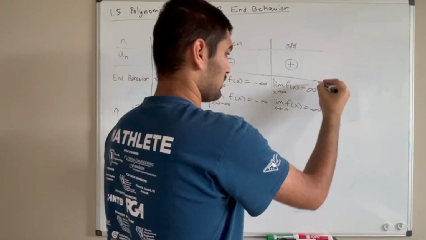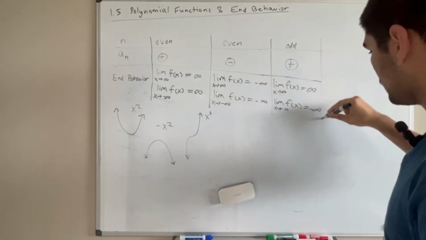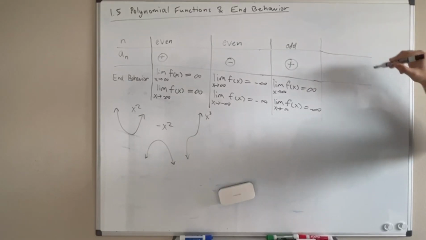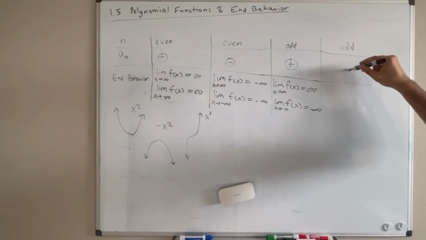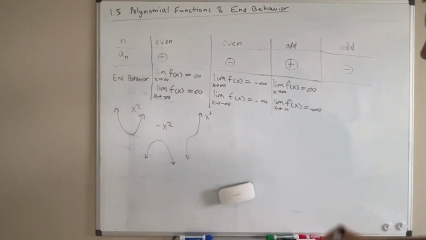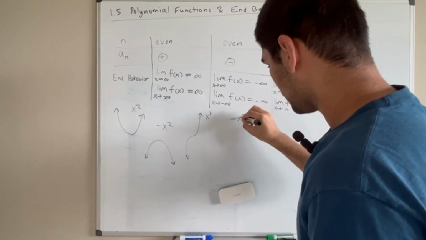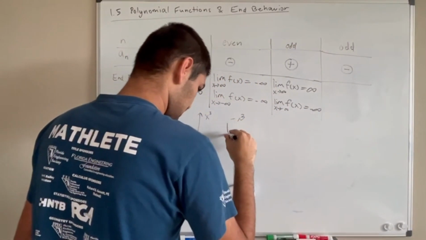Okay, and then the final case is we have odd degree and negative leading coefficient. So then you could just think of negative x cubed, which looks something like this.